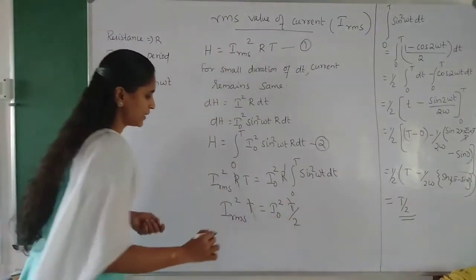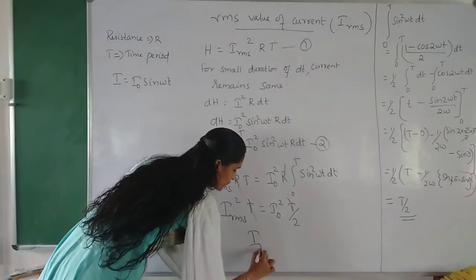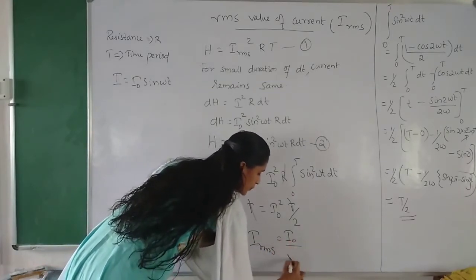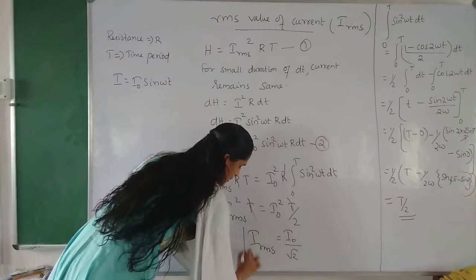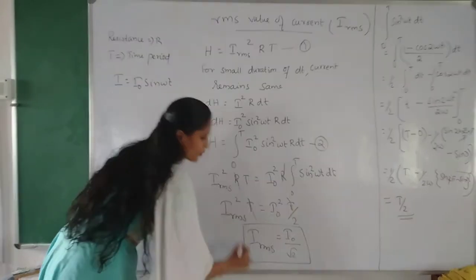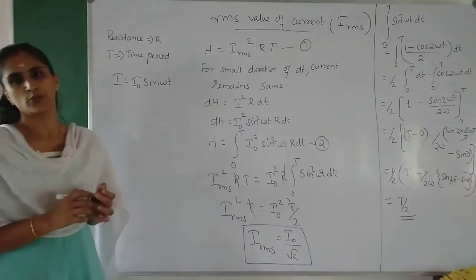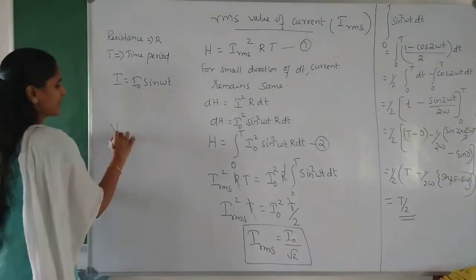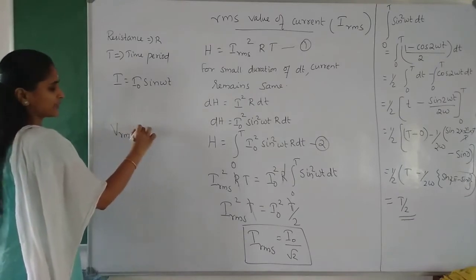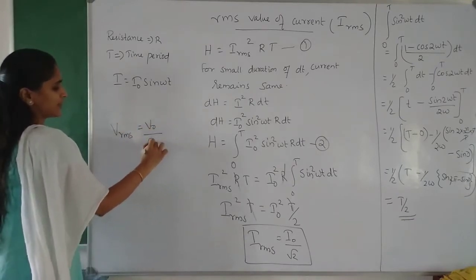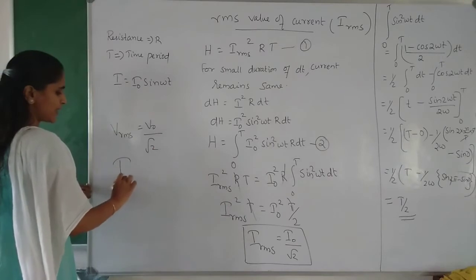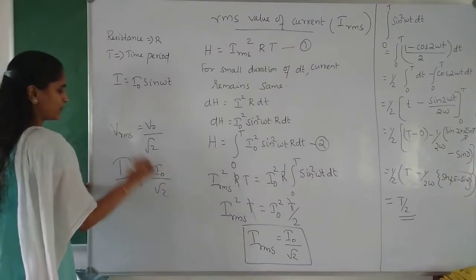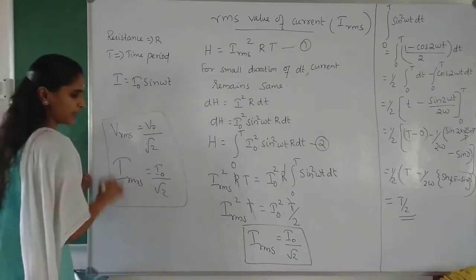So we can write I RMS is equal to I0 by root 2. In the same way we can find V RMS also, so that we are not discussing here. So I RMS is I0 by root 2 and V RMS is V0 by root 2.